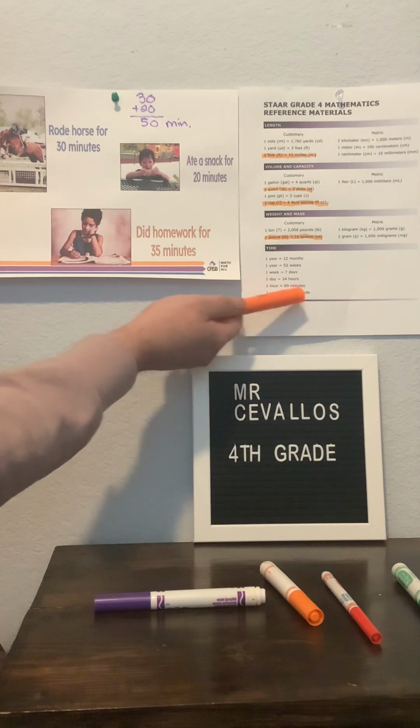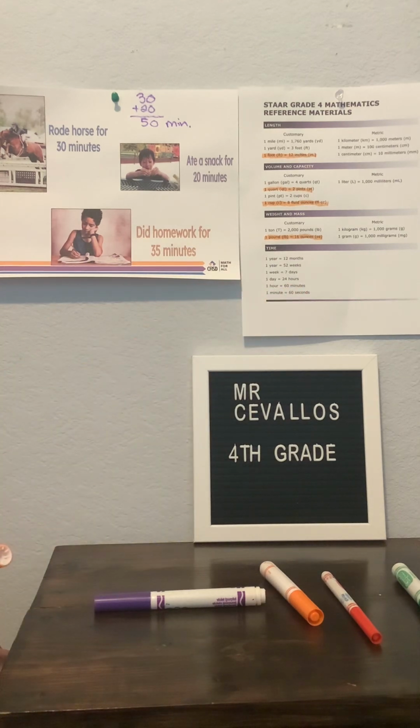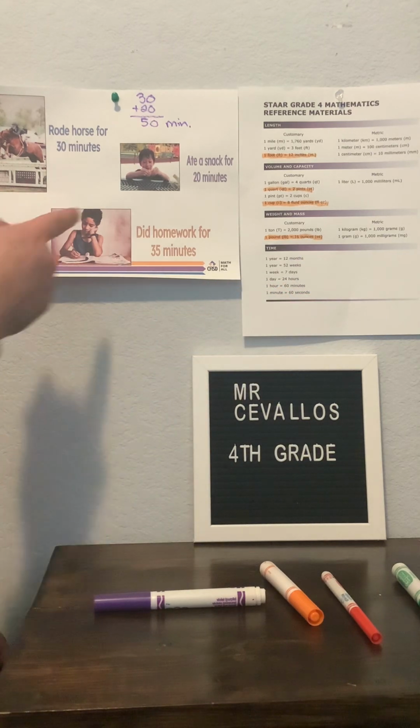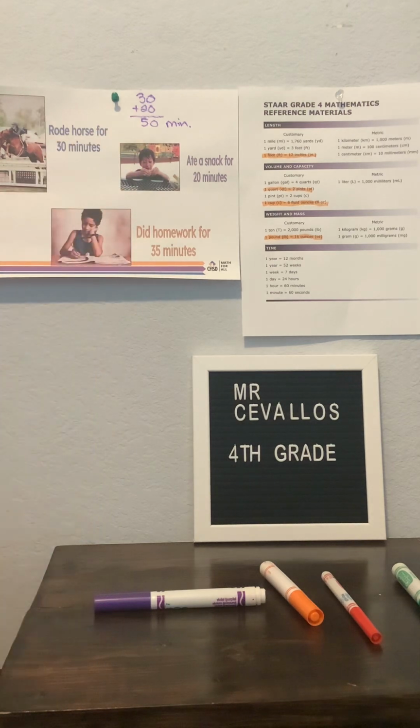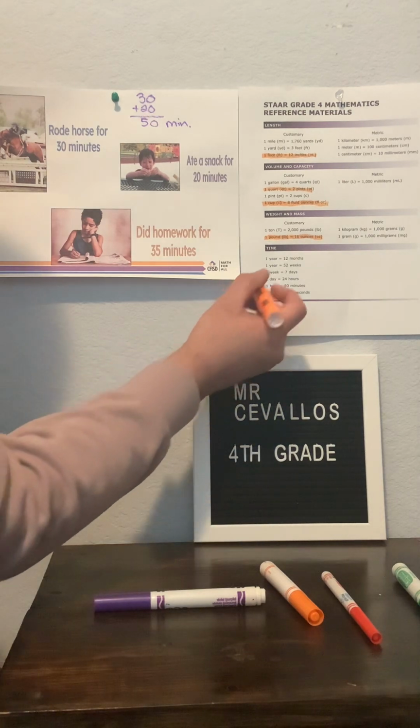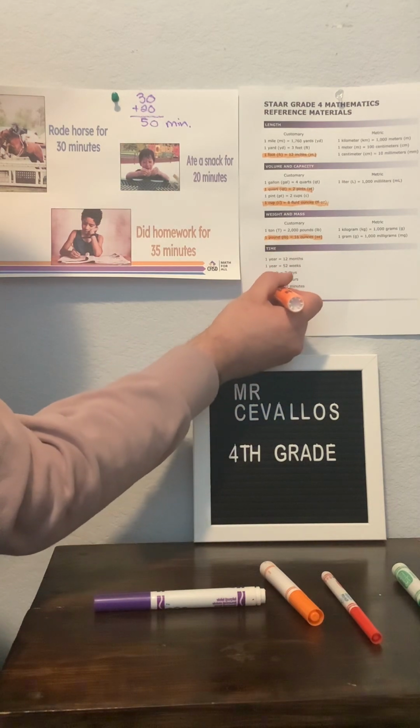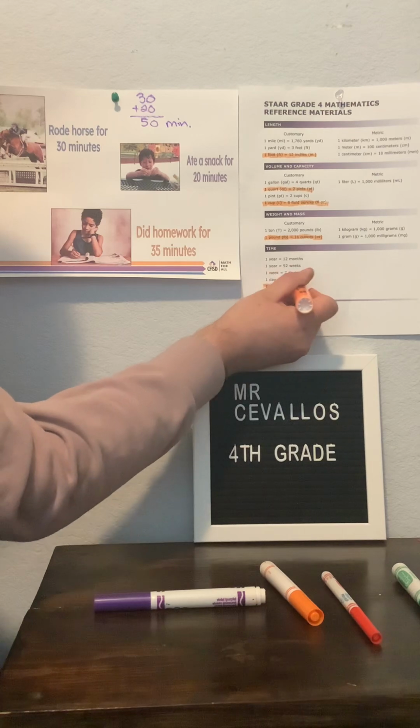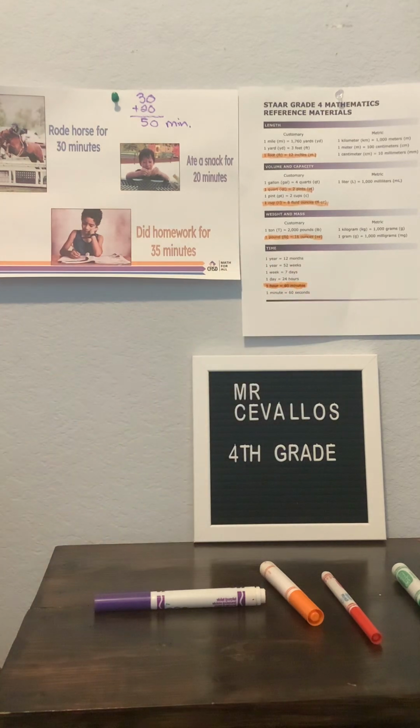I see that 1 minute equals 60 seconds and 1 hour equals 60 minutes. Well, I'm trying to think about my 50 minutes, and is that equal to, less than, or greater than 1 hour? And the only way I can find that out is if I look at my key and identify the relationship between an hour and minutes to see that 1 hour equals 60 minutes.